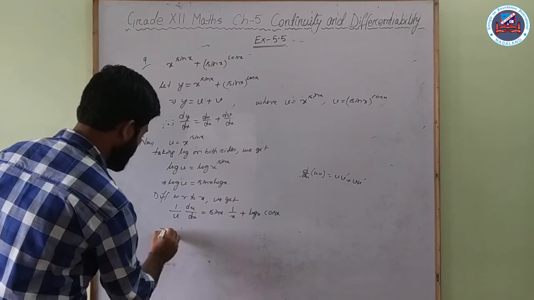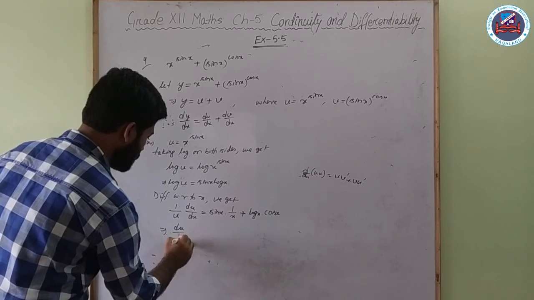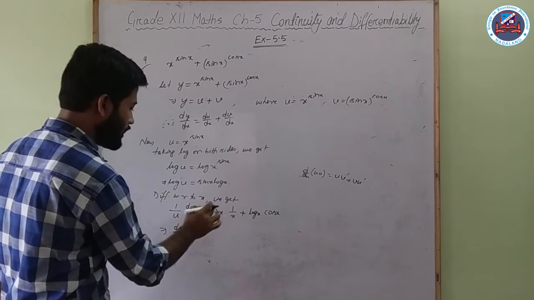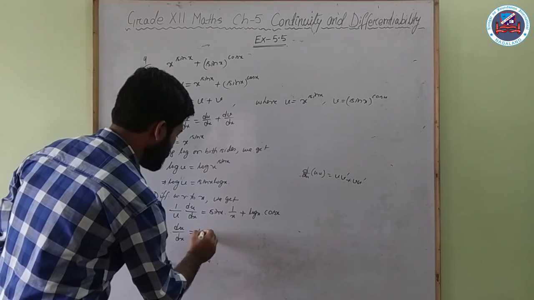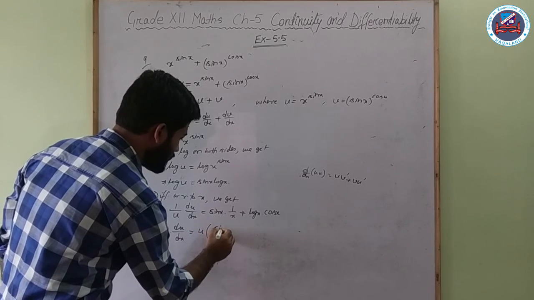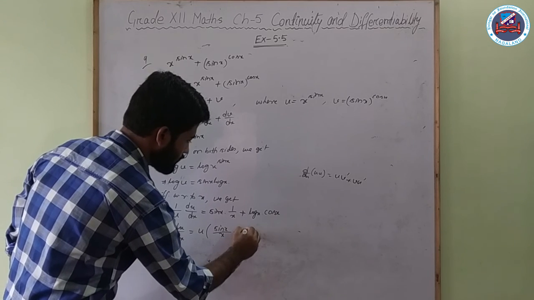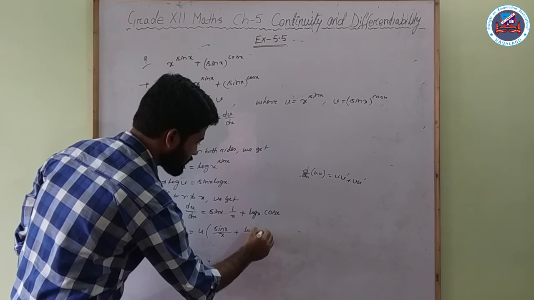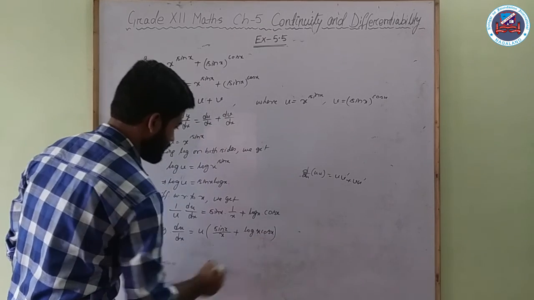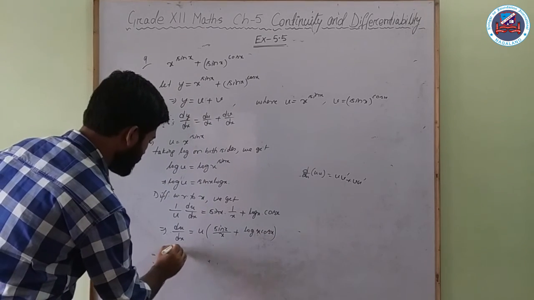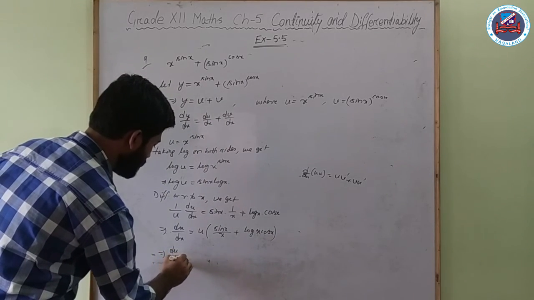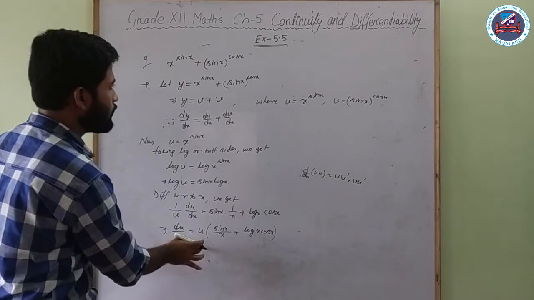So this gives us du by dx is equal to, if I multiply the u up here, u times sin x by x plus log x cos x. So du by dx will be equal to, what is our u?